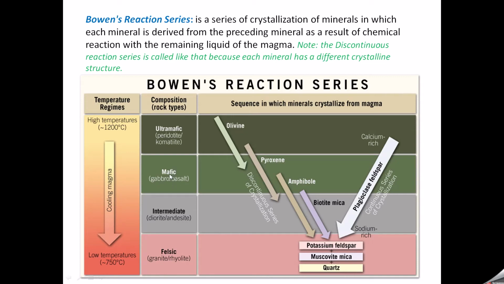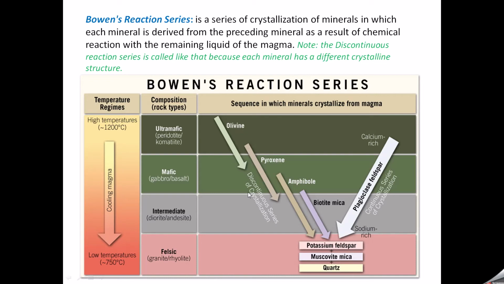We call them mafic because they're rich in magnesium and iron. Intermediate rocks are intermediate in color: diorite and andesite. Diorite, plutonic; andesite, volcanic. Felsic rocks are made up mostly of feldspar and silica. Their rocks are granite, plutonic, and rhyolite, which is the volcanic form.